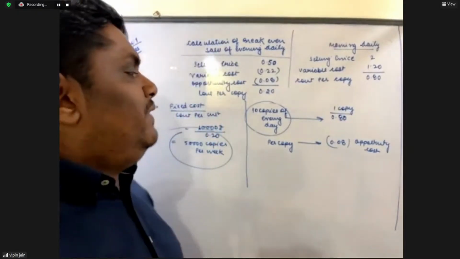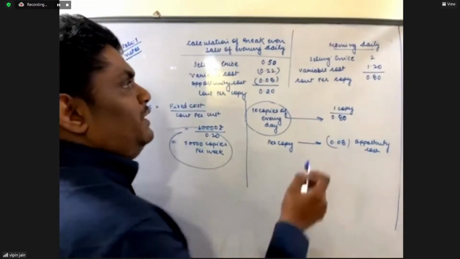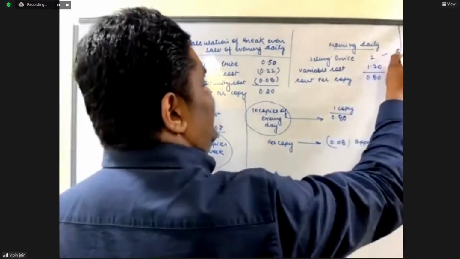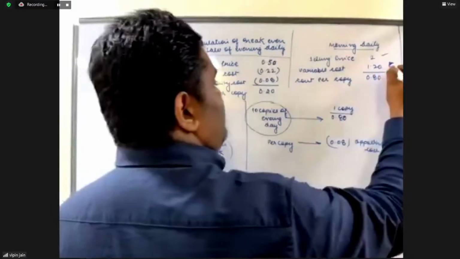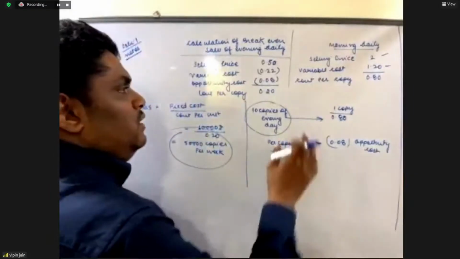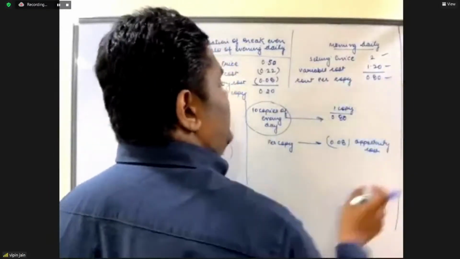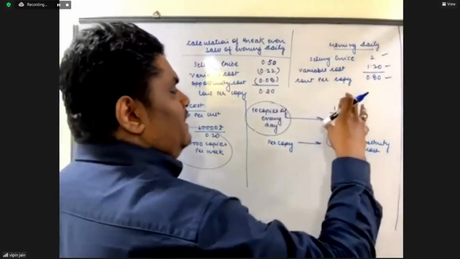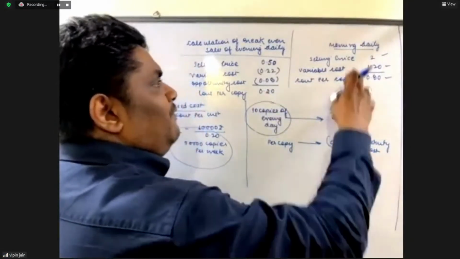So Danshu Shekhar, the calculation of opportunity cost is very simple. Herein, when talking about morning daily, my selling price is 2 rupees. Variable cost is 1 rupee 20 paisa. So contribution per copy will be 80 paisa. Now on sale of 10 copies of evening daily, there is a loss of 1 copy of morning daily.